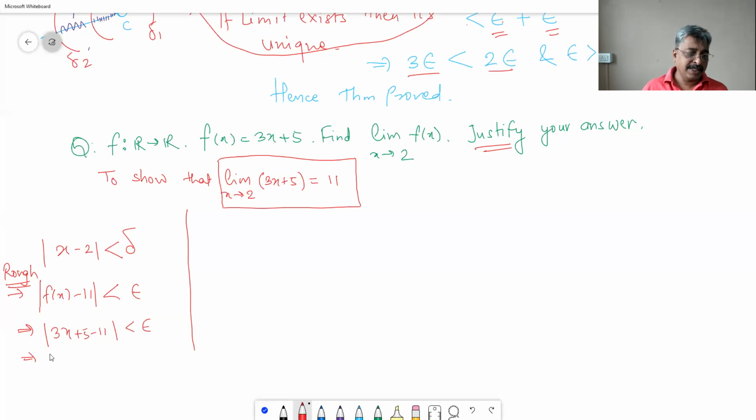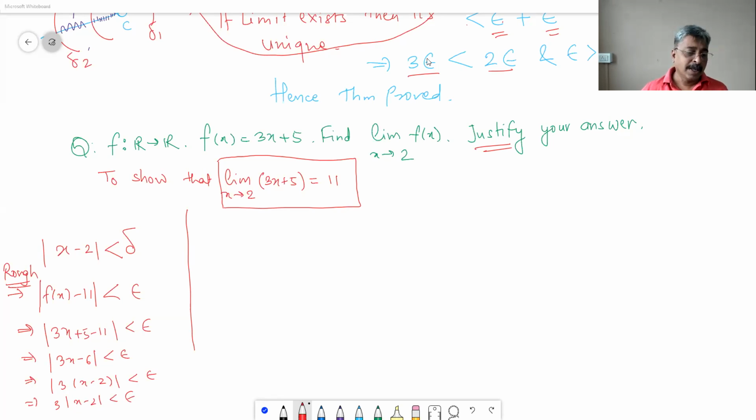This implies 3x minus 6 should be less than epsilon. This implies 3 into x minus 2 should be less than epsilon. This implies 3 times absolute value of x minus 2 should be less than epsilon.